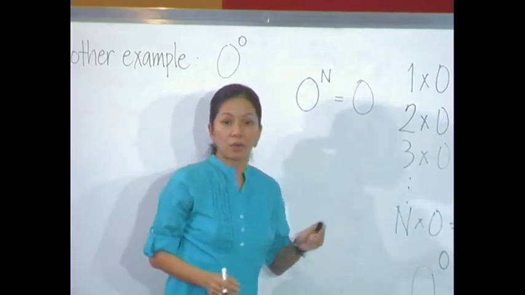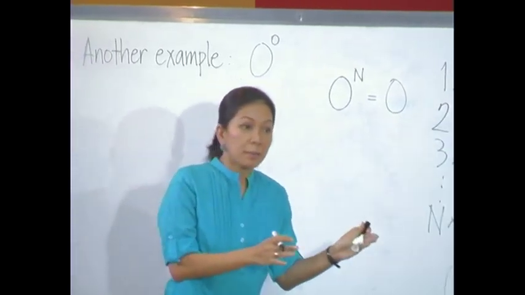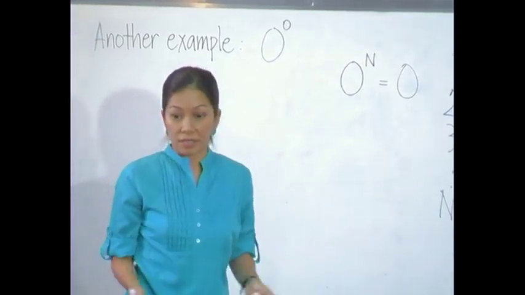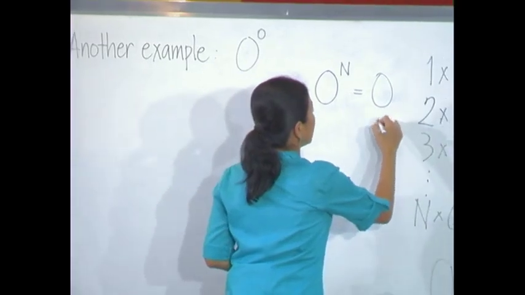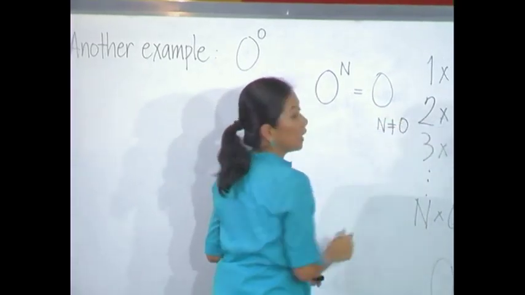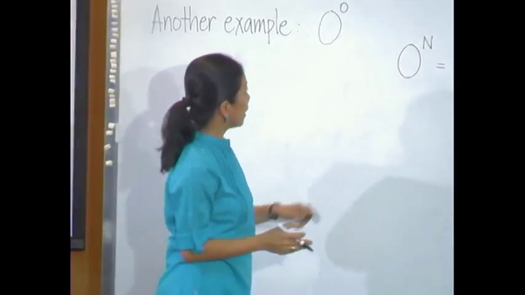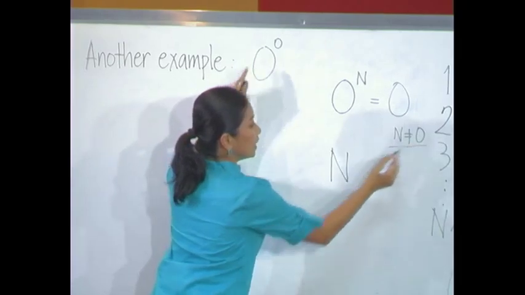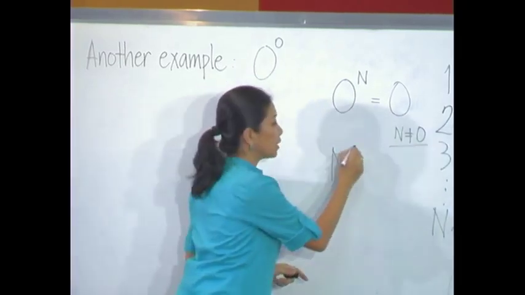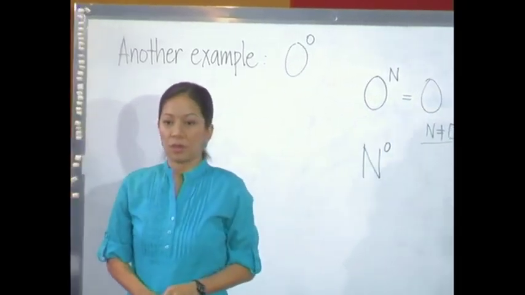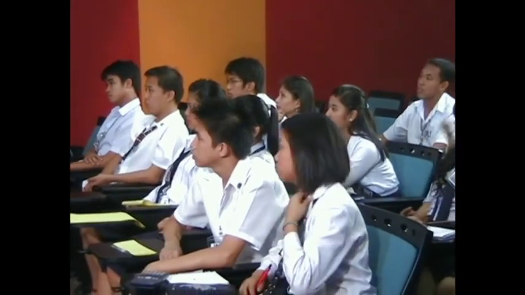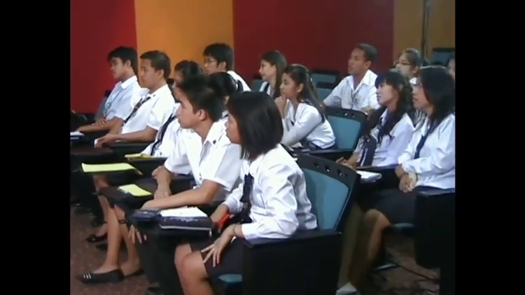Why? Because an exponent connotes multiplication, and again, multiplication by 0 results in 0. Now here, n is taken not to be 0. On the other hand, if we take the base to be non-zero and we raise it to 0, laws on exponents say we can prove that this is equal to 1.